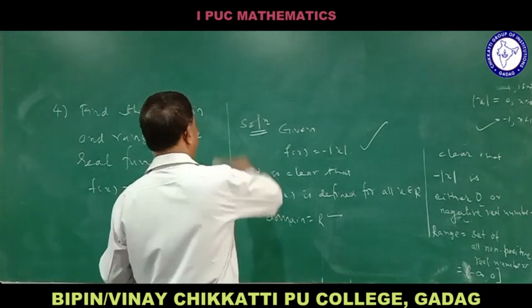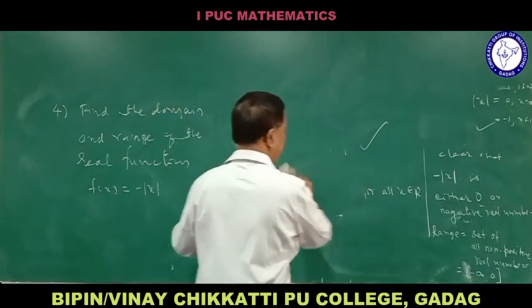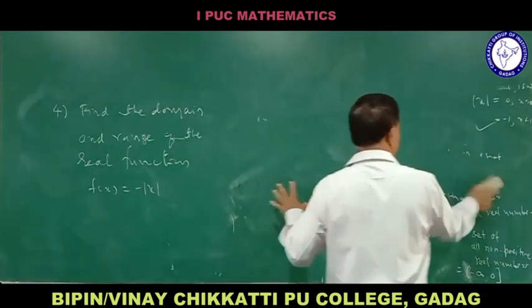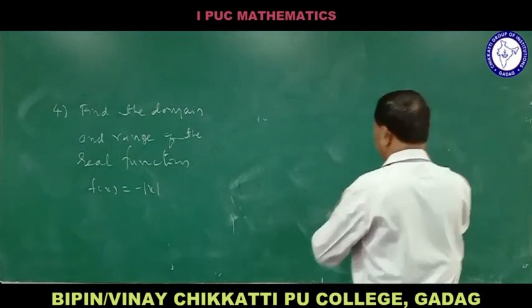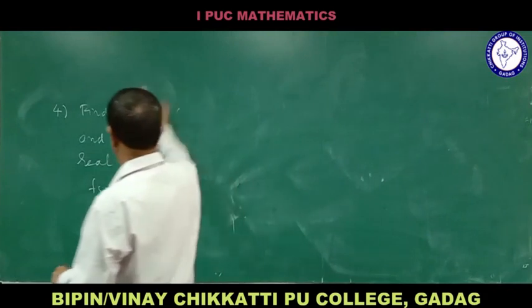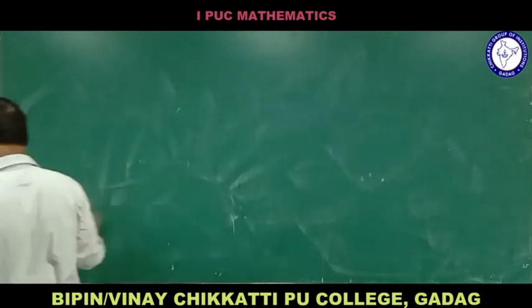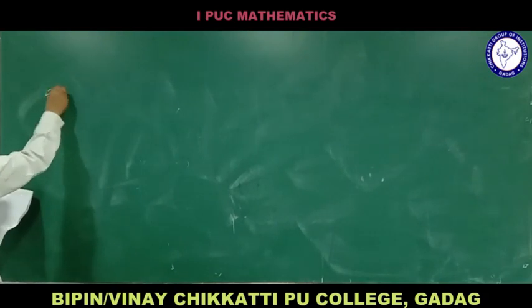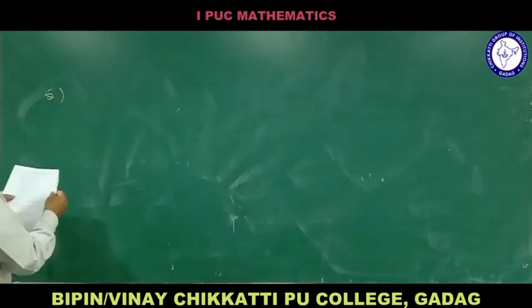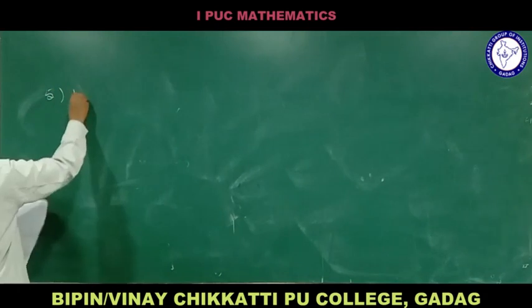So now we go for other types of problems, where we have to see whether the function is a real function or not a function at all, in problem number 5. In problem 5, what do you see?